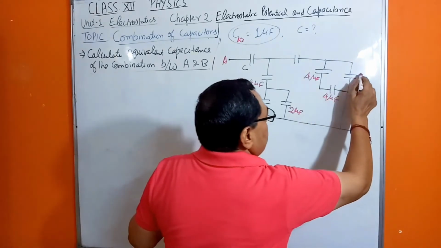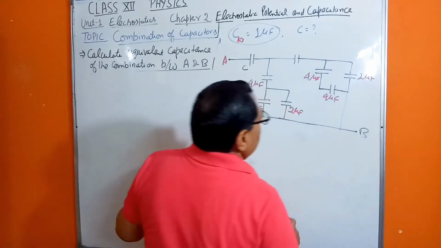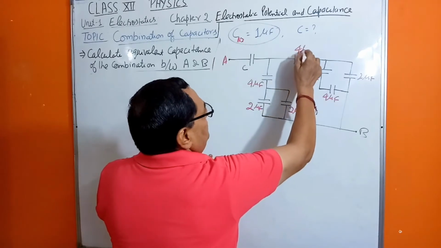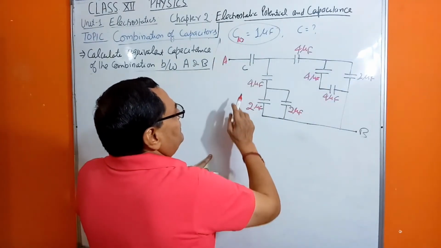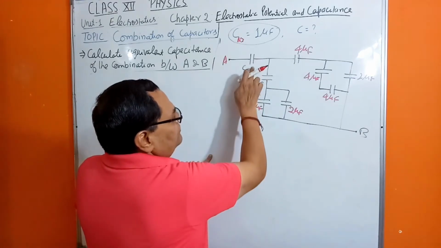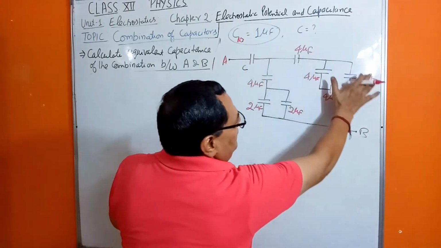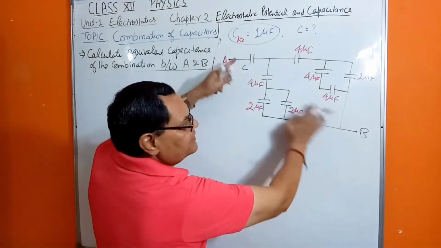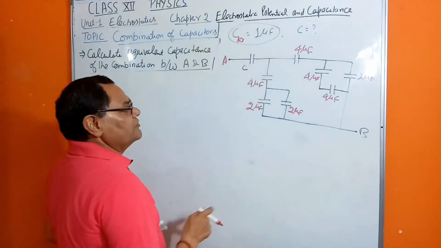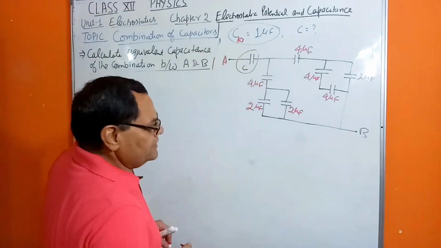And this is 2 microfarad, and this is 4 microfarad. I'm just assuming, any value you can take. And this C is unknown. So all are given like 2, 4, 2, 4, 2, 4, and the total capacitance between A and B is already given to us, 1 microfarad. We need to find out the value of this.